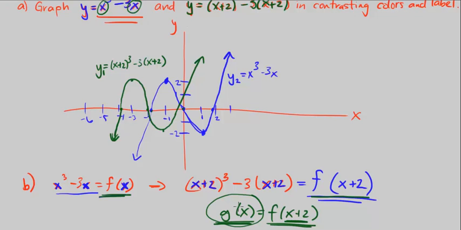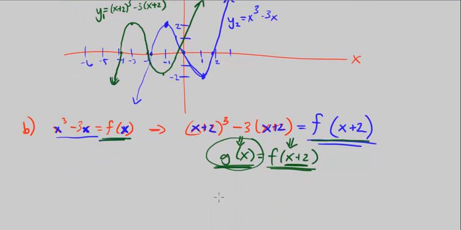So this is how I write the expression in terms of f, and then set it equal to a function called g, okay? So I could even say g of x is equal to f of x plus 2, which is equal to (x plus 2) cubed minus 3 times (x plus 2). All right, so there's part B, and this ends CPM Precalculus Chapter 2, number 22.